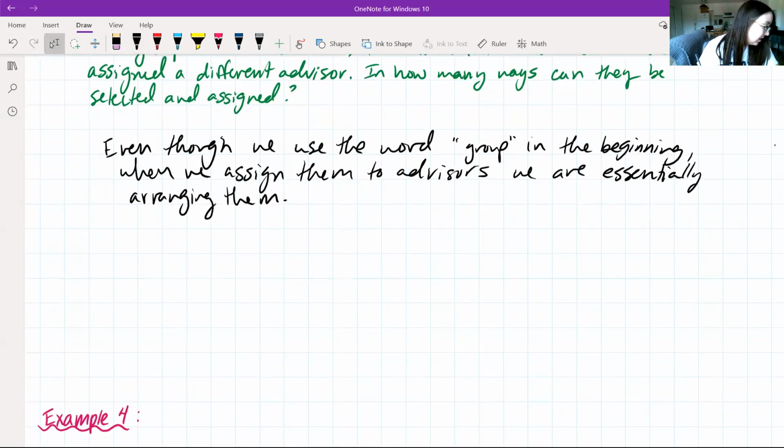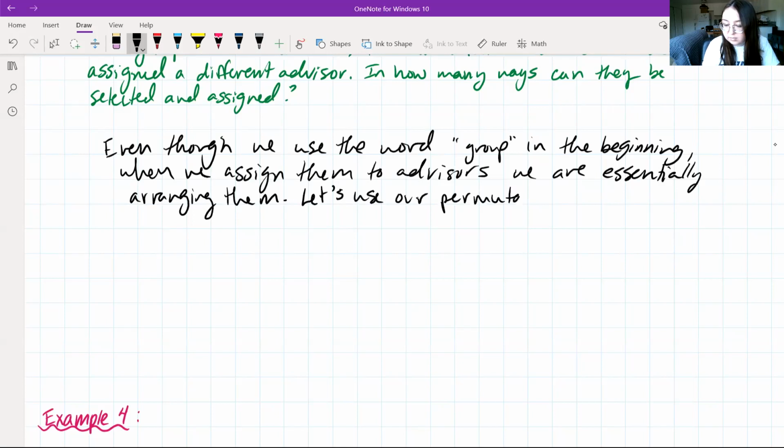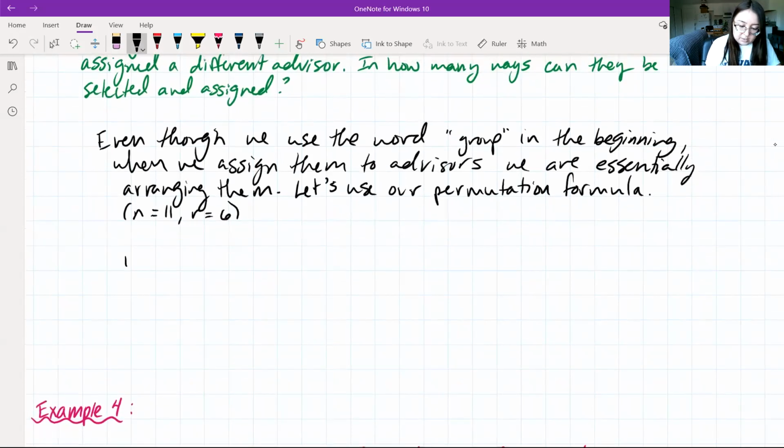So let's use our permutation formula. Then we see that n is going to be equal to 11 and r is going to be equal to 6. So we take our permutation of 11 and 6.